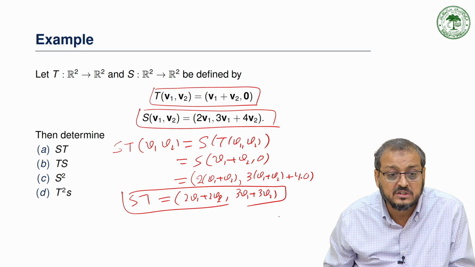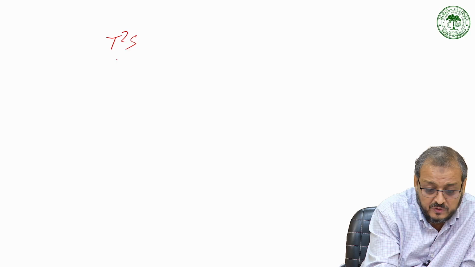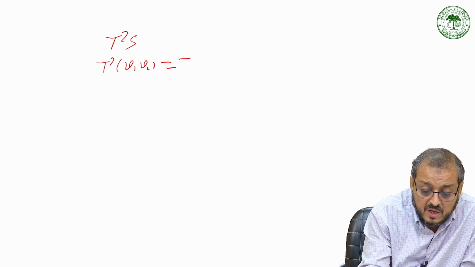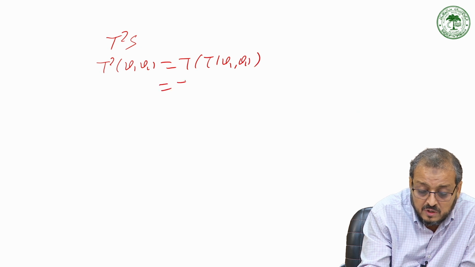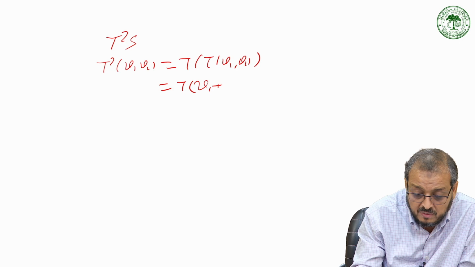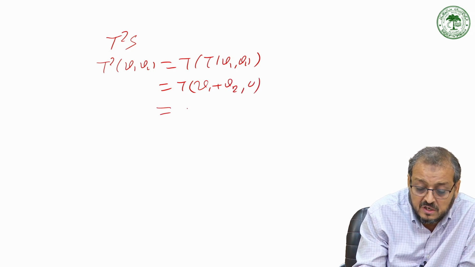Okay, now one more: we calculate T square S. First we calculate T square of (V1, V2), which is T of (V1, V2). Now T of (V1, V2) is equal to (V1 plus V2, 0), and again this is (V1 plus V2, 0).